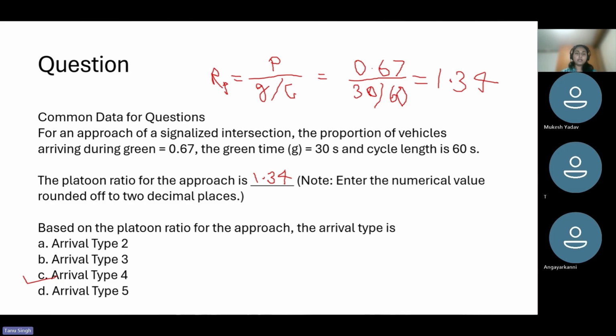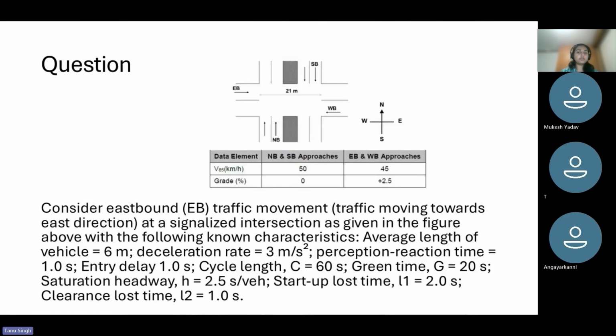Now let's come to the next question. The next question has its data. Firstly, we consider the eastbound traffic, the traffic that moves eastward, at the intersection given in the figure above with the following known characteristics.